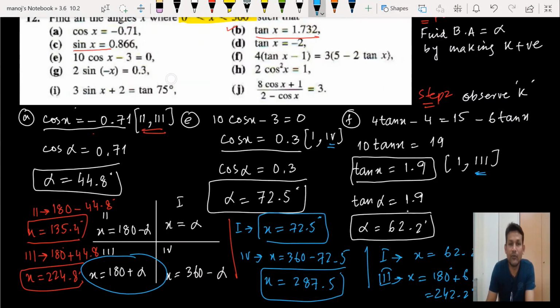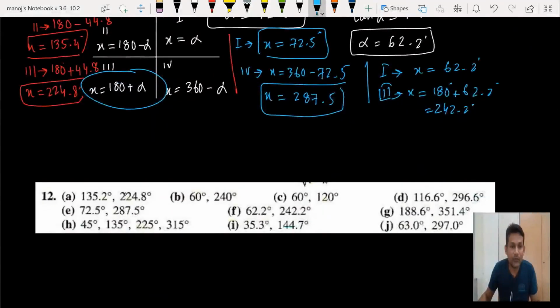So this is the way we can do all the questions. Even if you want to see the results, like do we have the same answer? You can see the answers here. Say right answers, and we did 287 is here.